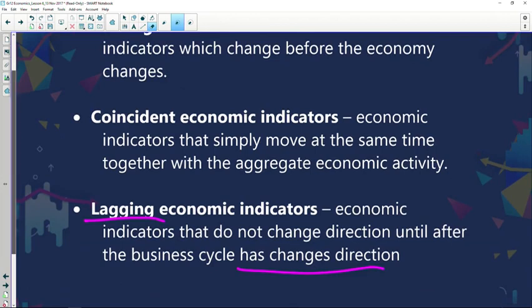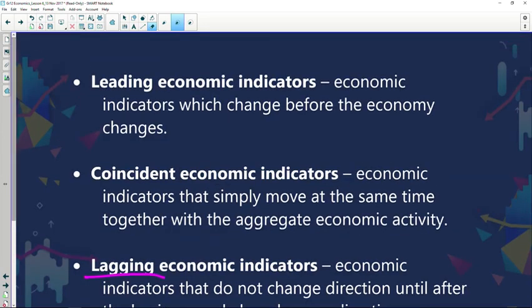Okay, so there's always a comparison between these two, and hence I said to you earlier on, look at the terminology. If you are leading, you will be in the forefront, obviously. But if you're lagging behind, you are trailing behind. So these are not going to change unless the business cycles change first, okay?